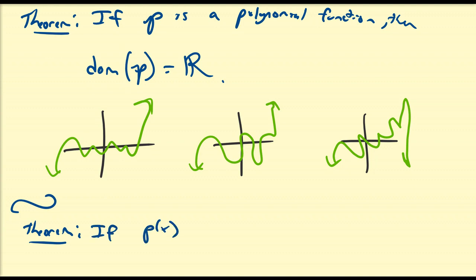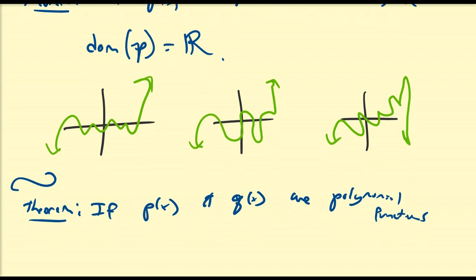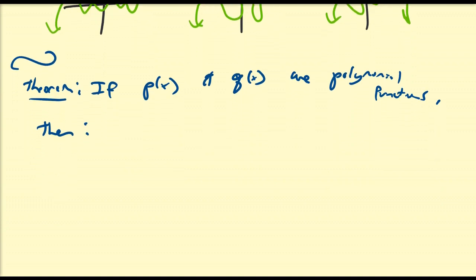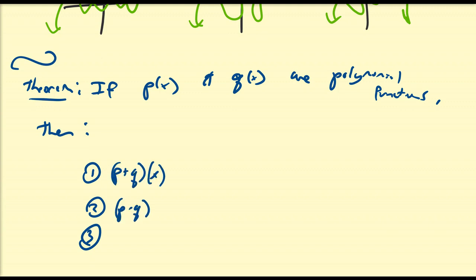So if p of x and q of x are polynomial functions, then the following are also polynomial functions: p plus q of x, p minus q of x, and pq of x.